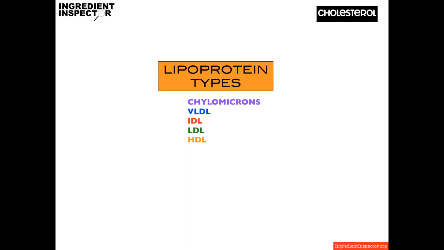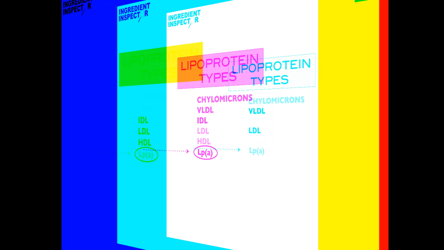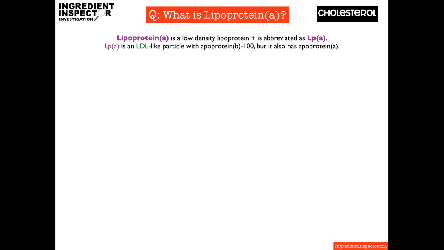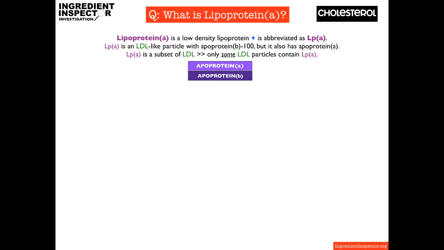So those are the lipoprotein types, and we said we would also take a quick look at LPA. What is lipoprotein A? Lipoprotein A is a low-density lipoprotein and is abbreviated as LPA. LPA is an LDL-like particle with apoprotein B100, but it also has apoprotein A. So it has the B, but it also has A. LPA is a subset of LDL.